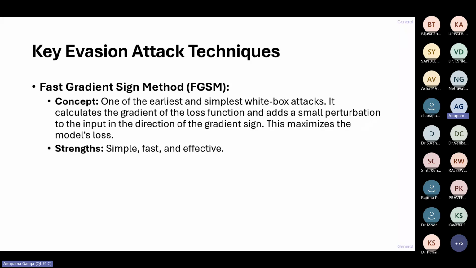And in white box scenarios this is very effective, because the attacker has full knowledge of the model's internals, so he can effectively build an adversarial threat which will fool the model.